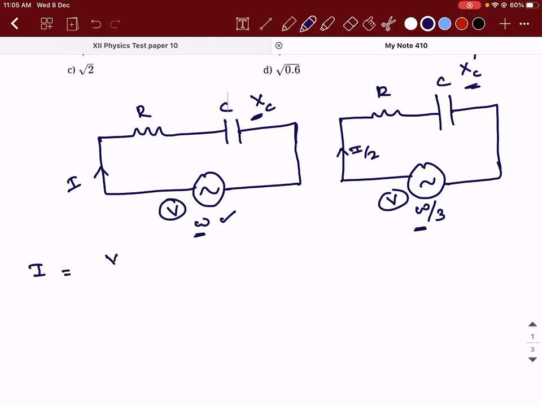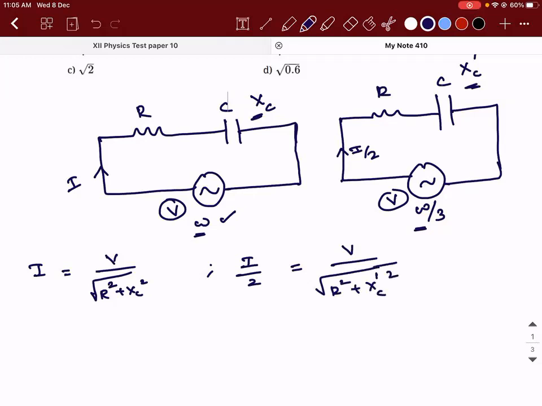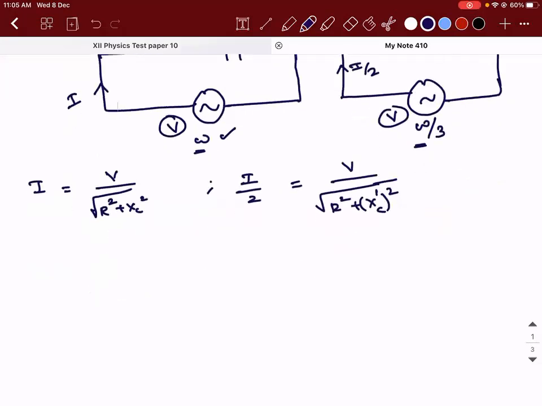So I will be equal to V divided by Z. Z is root of R square plus XC square. I by 2 will be equal to V divided by root of R square plus XC dash the whole square. Correct? Now I don't want V to be in the equation.